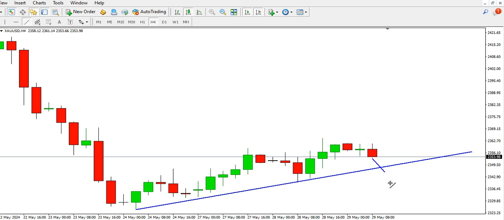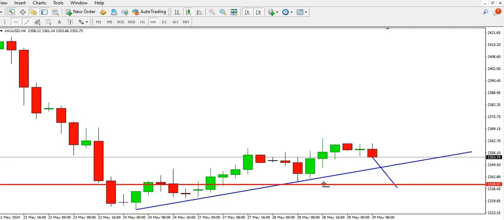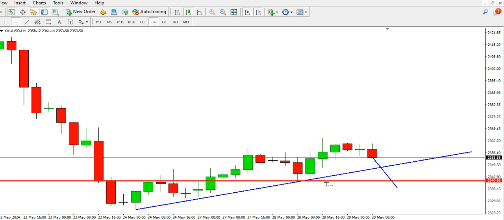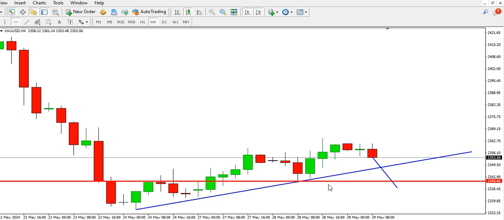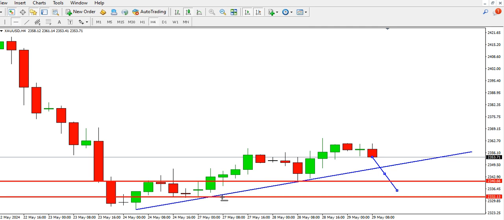If it fails, we might see a drop and then a break of this structure. I'm talking about the 2340 low. See a break of this low. Price might drop to test the next low. The next structure is at 2331.